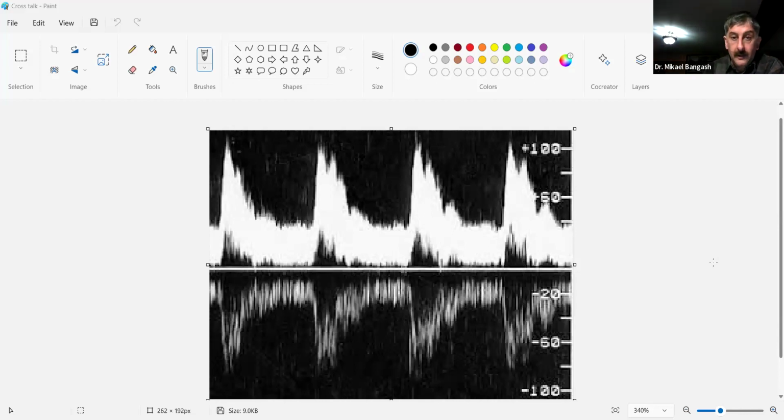In this case, our actual Doppler shift is positive.